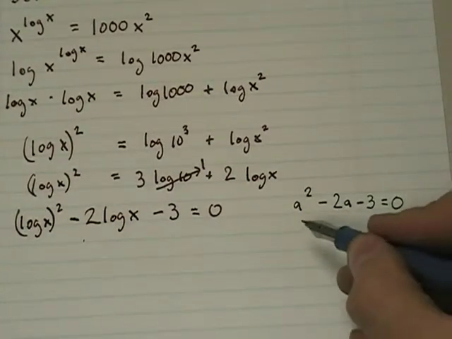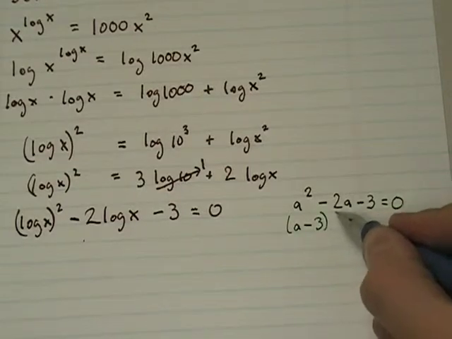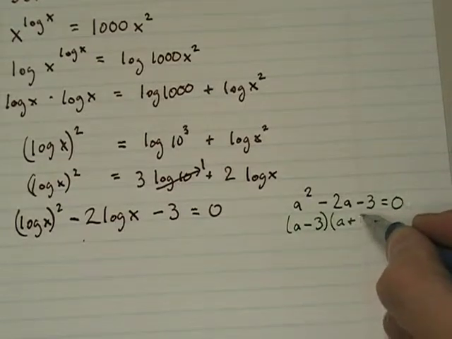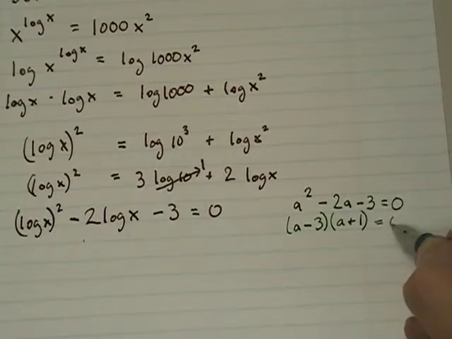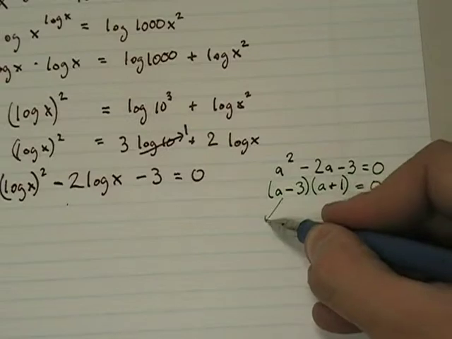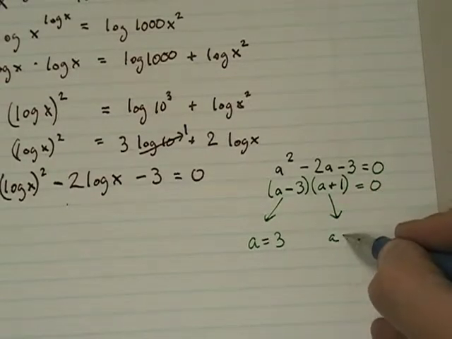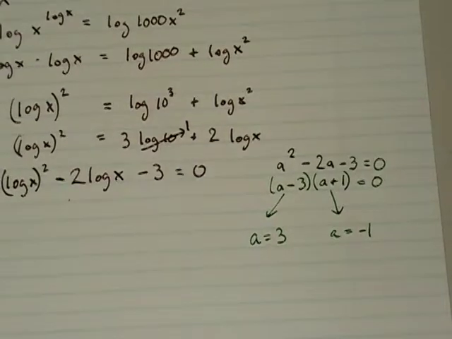Factor this expression and you get a minus 3 times a plus 1 equals 0. And then of course, if you solve these two factors, you would get two answers. You would get a equals 3 and a equals negative 1.